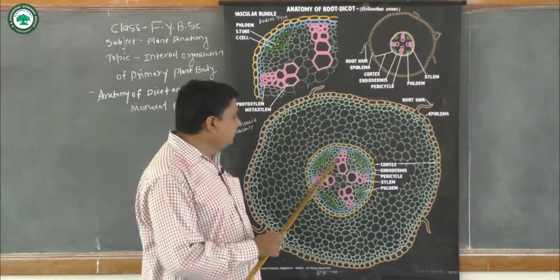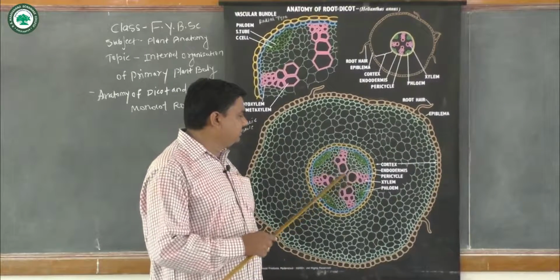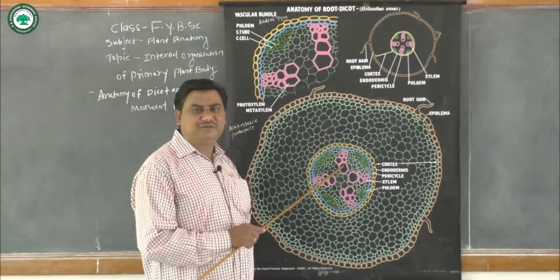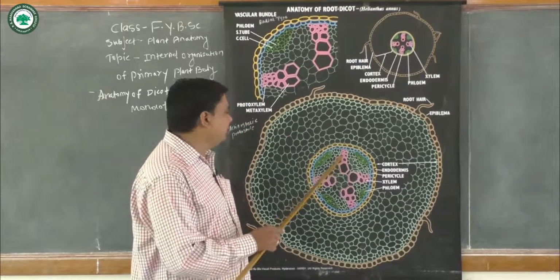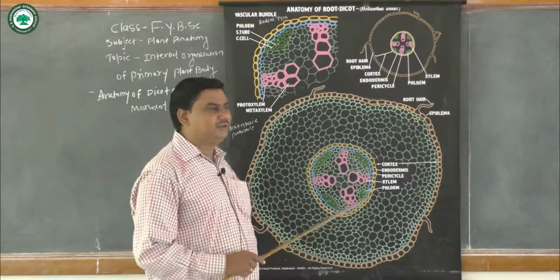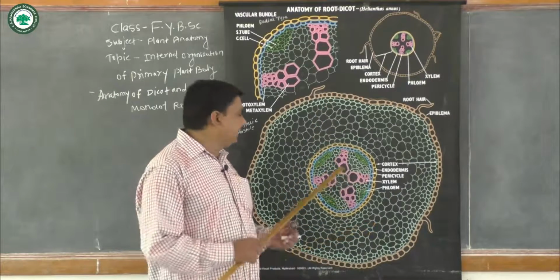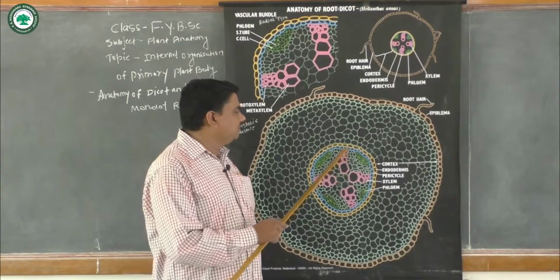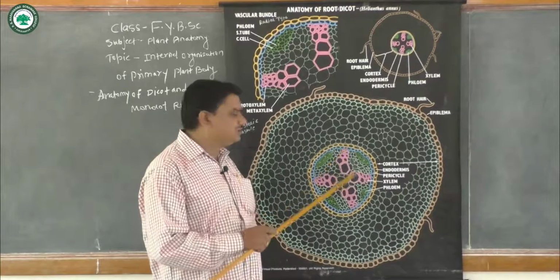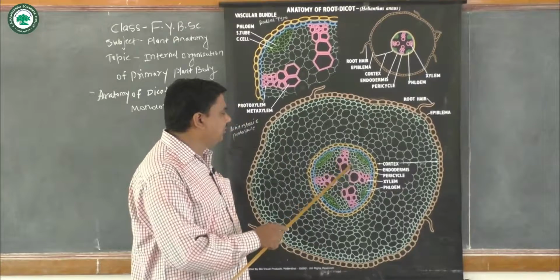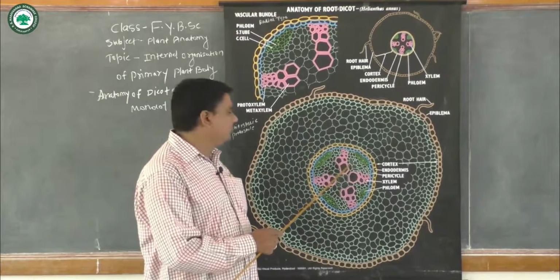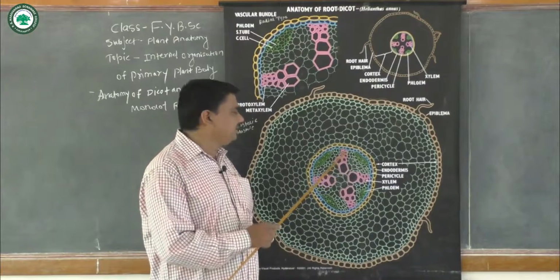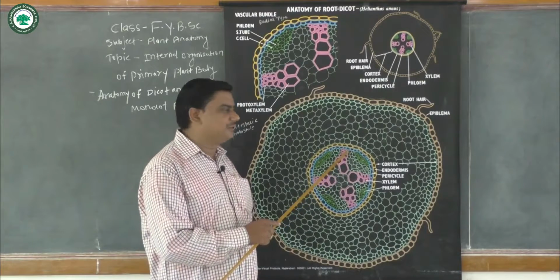Then in the center there is the metaxylem. The larger one is the metaxylem and the smaller one is the protoxylem. Here the metaxylem is toward the center and protoxylem towards the periphery. You can see the larger element of xylem is the metaxylem, and the smaller element of xylem is the protoxylem.